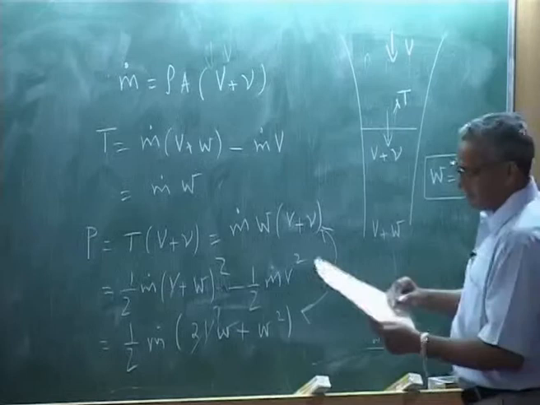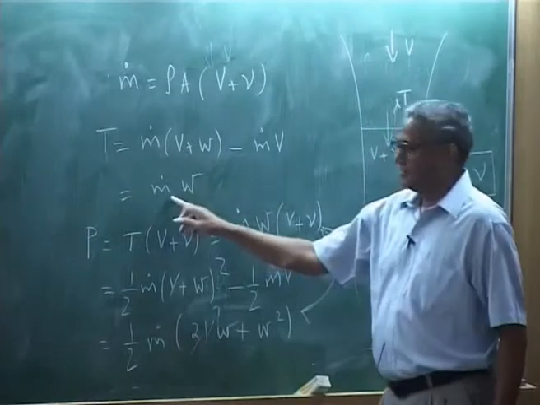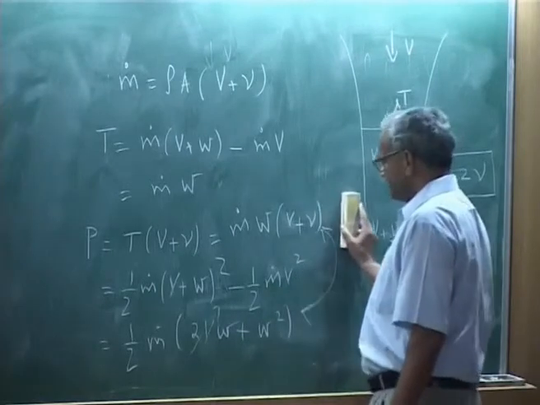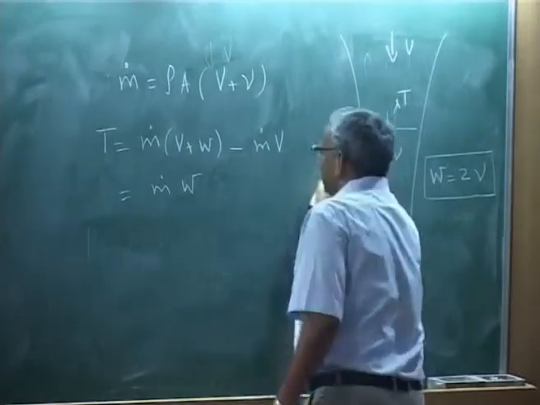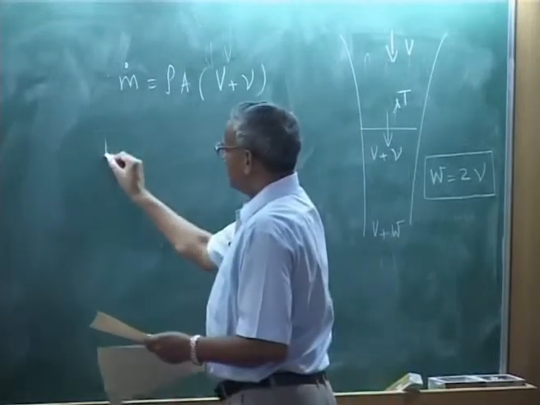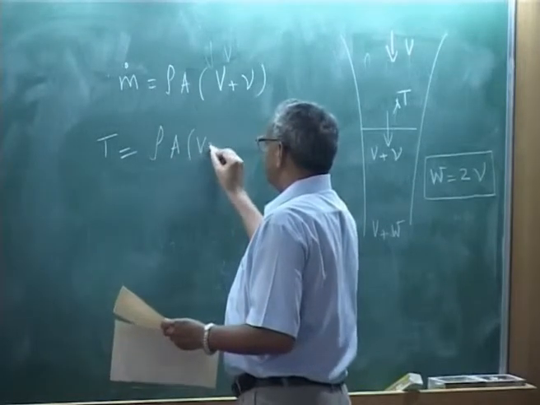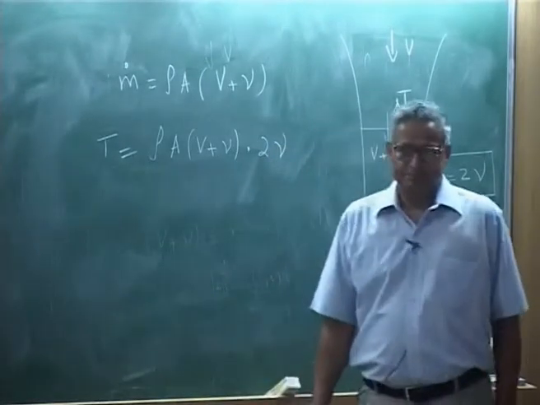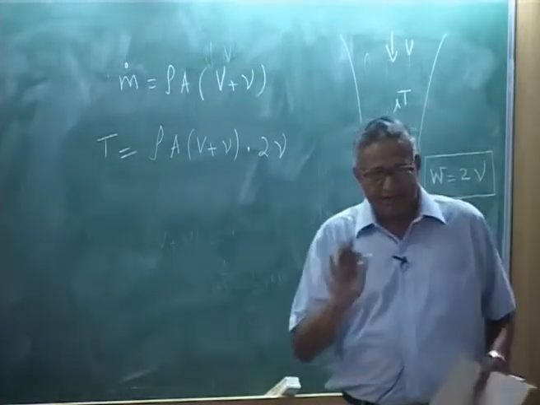Now, what is my thrust and the power? Thrust is m dot W, m dot is given here, so maybe I will erase this. So, my thrust is rho A (V plus nu) into 2 nu, that is all. V is the velocity of climb.